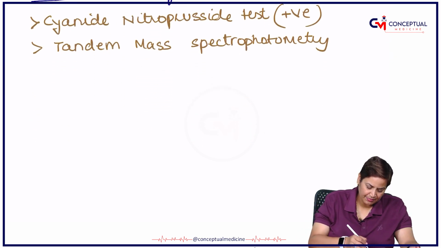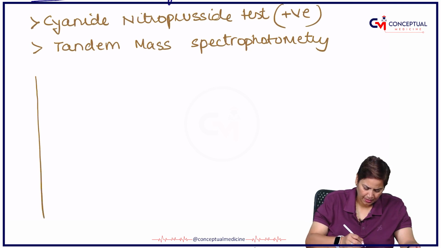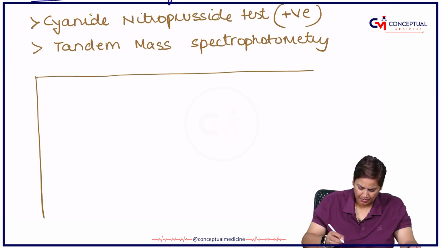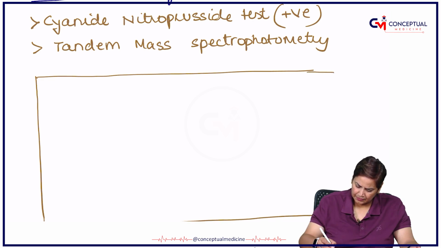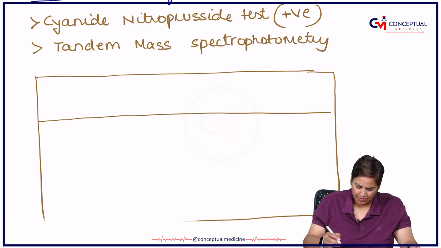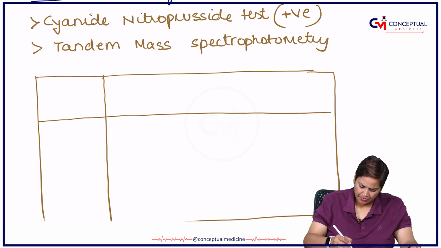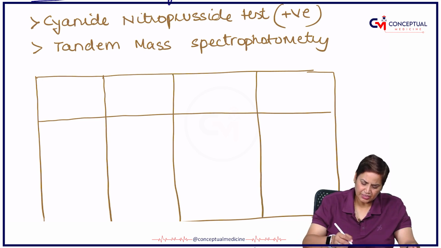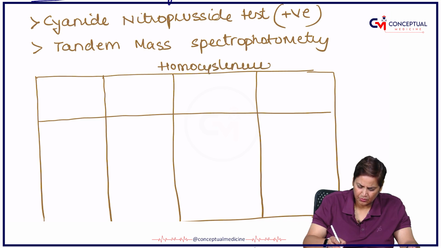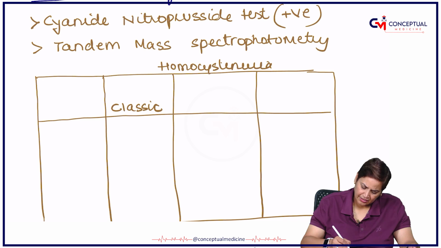So for that I can simply say that if we talk about the enzymes here, three features here: homocystinuria obviously, urea, here classic, non-classic.